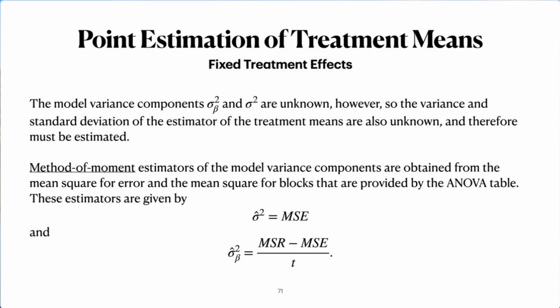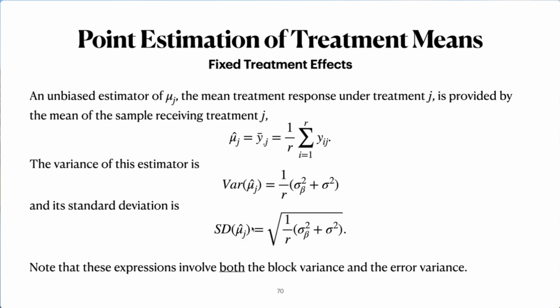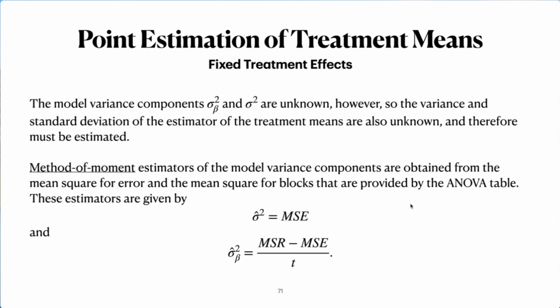Now, we can estimate them using quantities in the ANOVA table that we saw how to construct for the randomized complete block design. One way to estimate these variance components would be using method of moments.